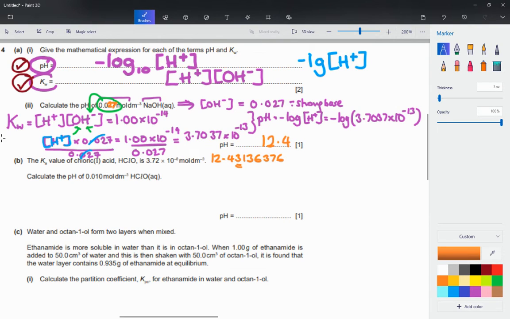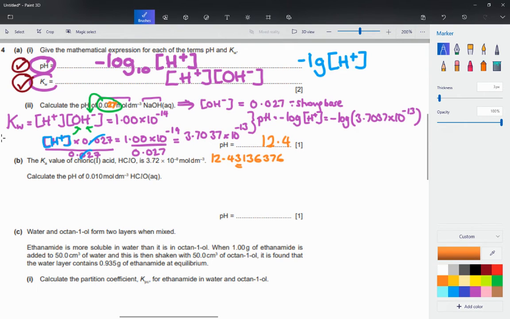If I use 2 significant figures in my answer, my pH would be 12. But very clearly, the pH is not near 12 completely. It's 12 and a bit. And when we talk about concentrations of H plus, it's quite a big significant difference. So having a feel of this is useful.